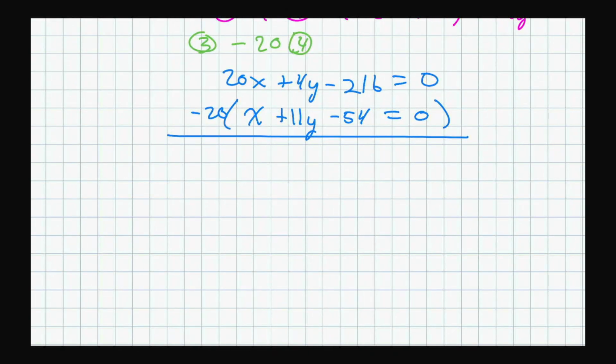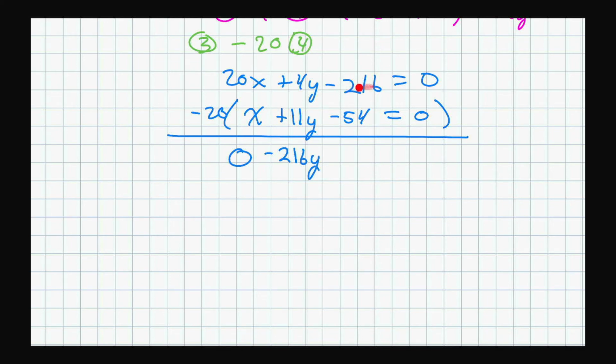The point of doing this is that 20x minus 20 times x is going to be 0. But then you've got 4y minus 20 times 11, and 4 minus 220 is negative 216y.